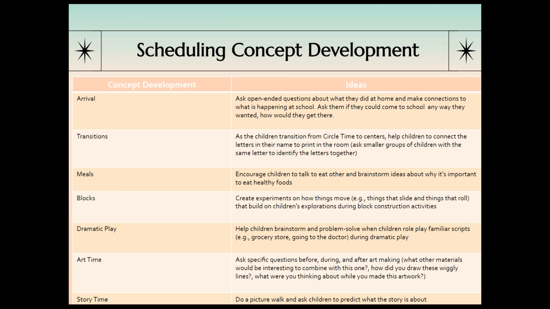So the statement says, as the children transition from circle time to centers, help children to connect the letters of their name to print in the classroom. So you can add smaller groups of children with the same letter to identify with the letters together. Another way that you can think about this is maybe you ask students the type of transportation they took.